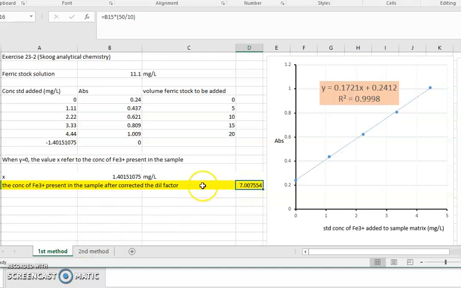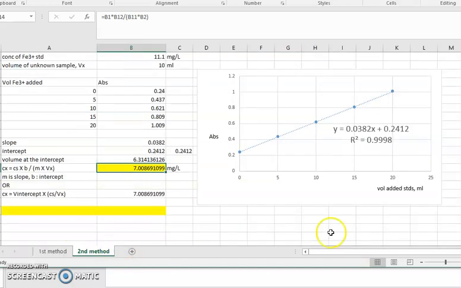From the calibration curve with the x-axis as concentration, we get 7, and from the volume we also get 7.